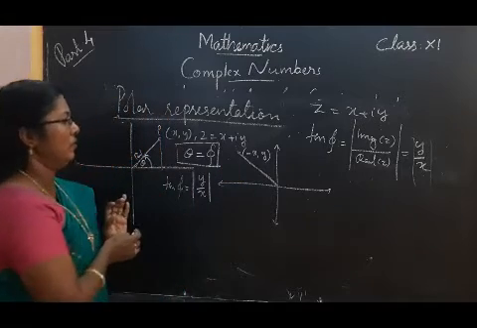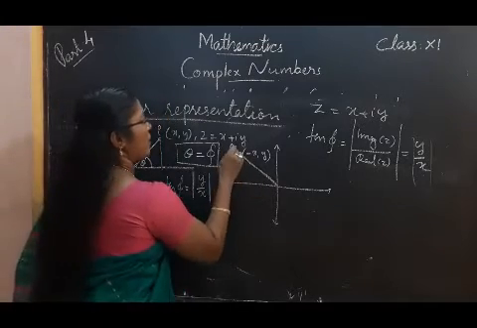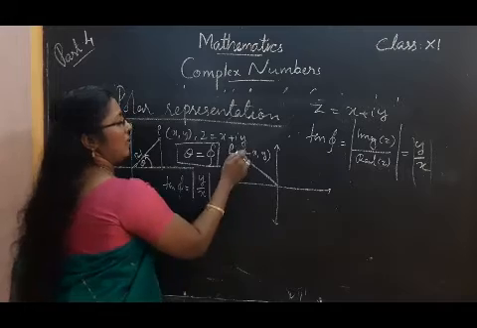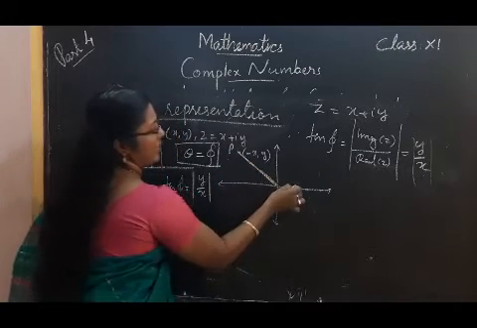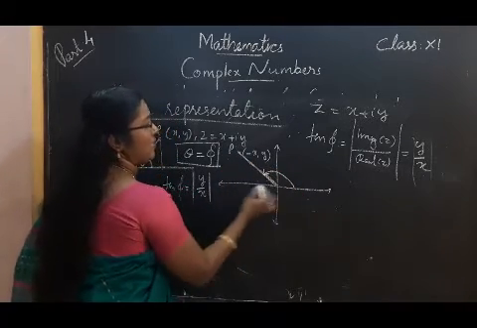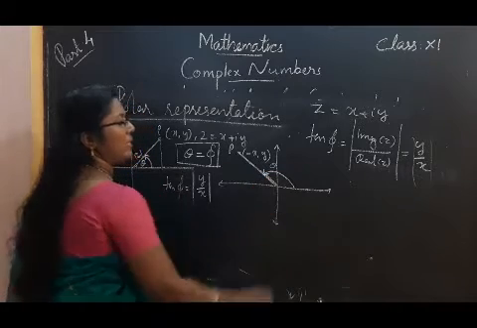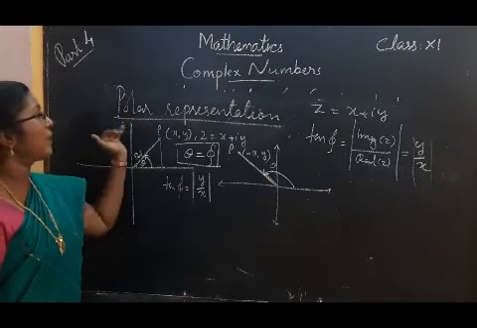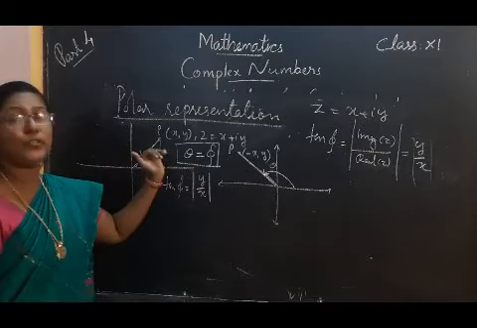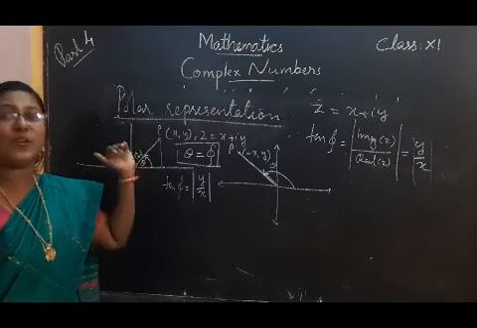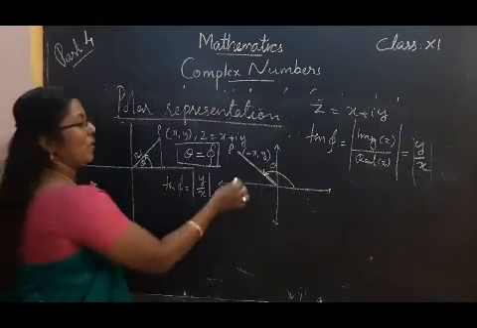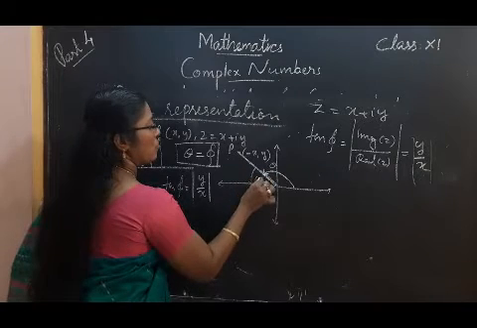This is the distance OP. The direction of the angle is anti-clockwise, and this is theta. But the argument, or amplitude, depends upon theta based on the acute angle. So consider this as phi.